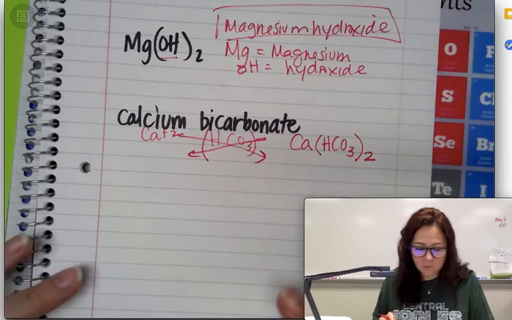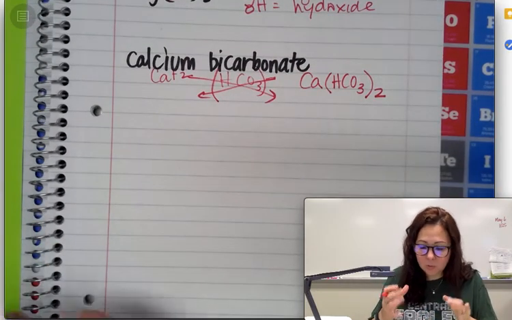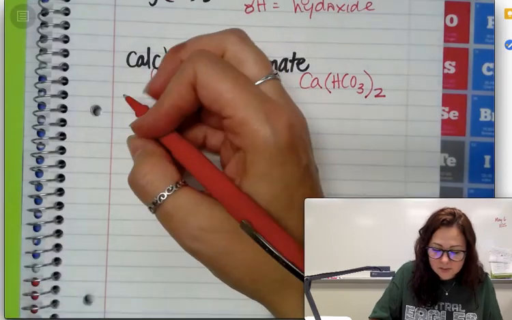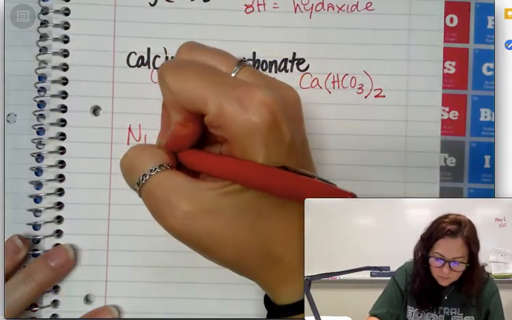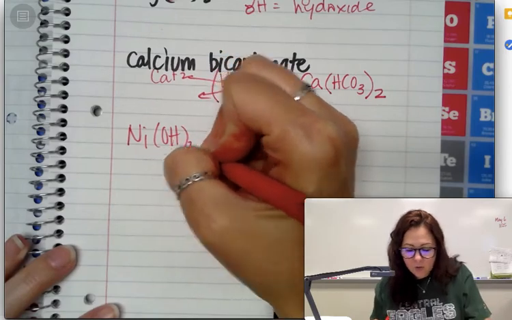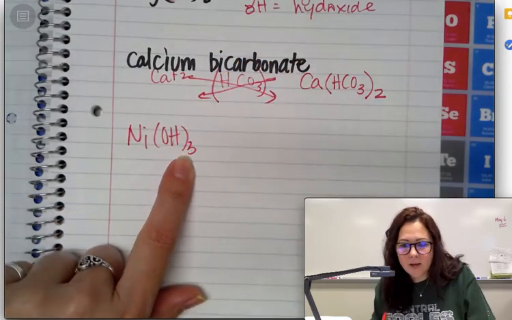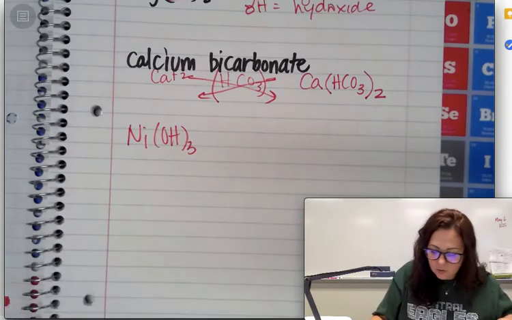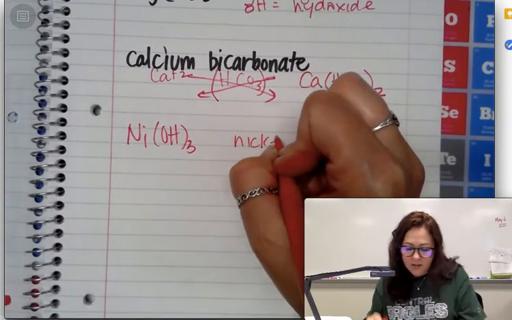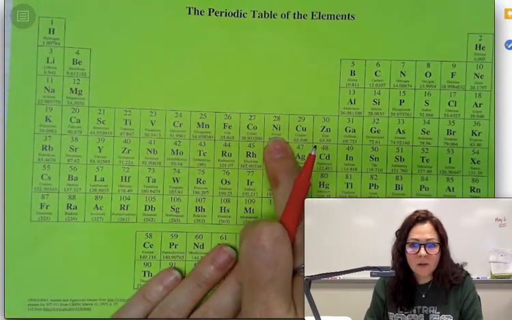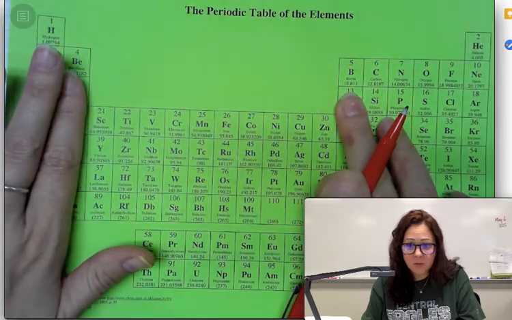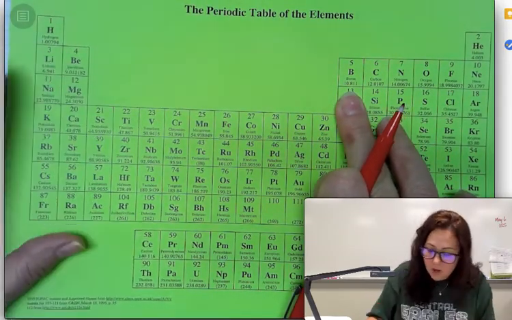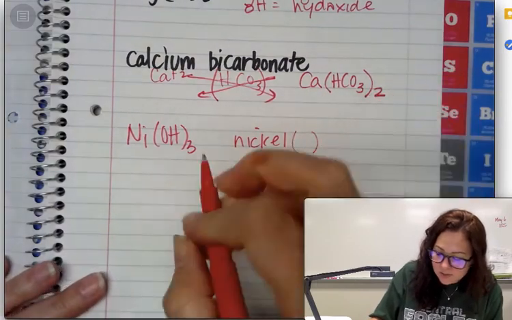Just to show you an example of one that has Roman numerals, just to refresh your memory. Let's say that we have, let's see if I can make this up on the fly, Ni(OH)3. Now I already told you that it's going to have Roman numerals, but Ni is nickel. Nickel on the periodic table is right here. Nickel is going to get Roman numerals because it is in a state that we don't know the oxidation number. So we're going to get Roman numerals there, and then OH is hydroxide.